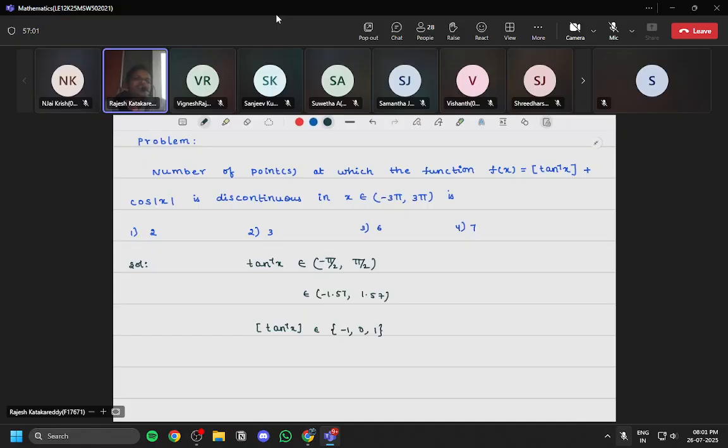Take minus pi to plus pi, open bracket. Tell me the discontinuous and non-differentiable points, if there are any. I am asking just how many.